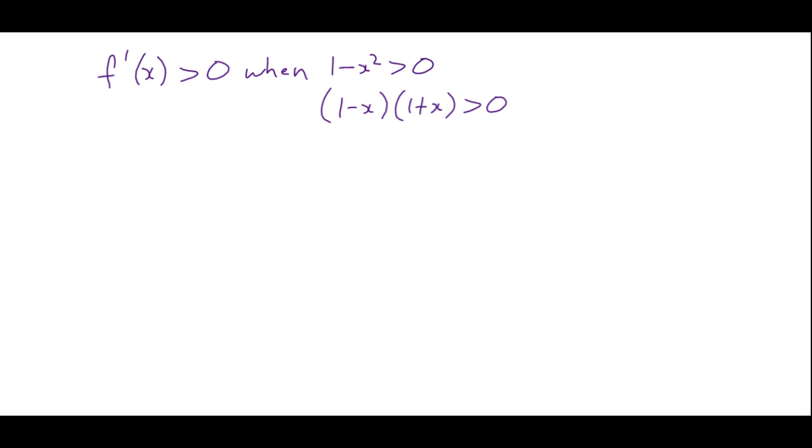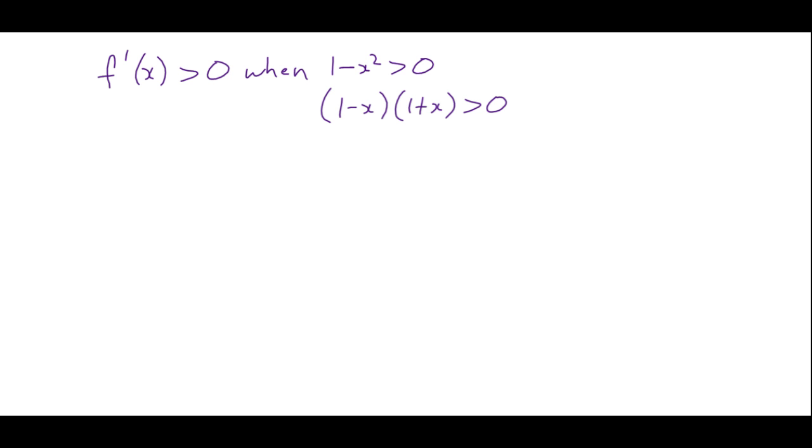So 1 minus x squared is greater than 0 when (1 minus x) times (1 plus x) is greater than 0. And our critical numbers are 1 and negative 1, right? So we have intervals below -1, between -1 and 1, and greater than 1. There's a number of ways you can do this too. You could just say it's a parabola that does this.